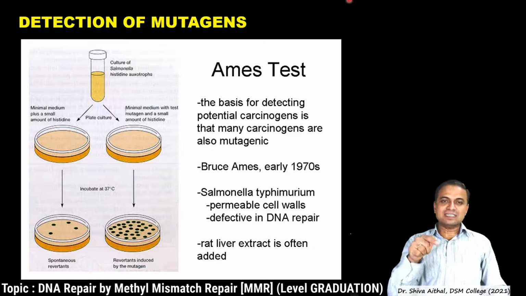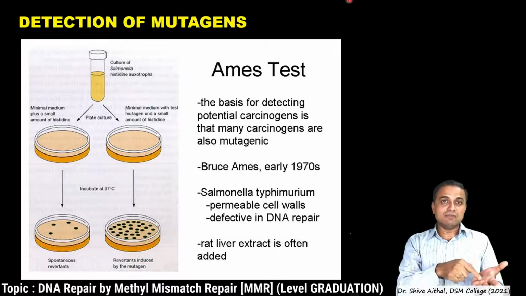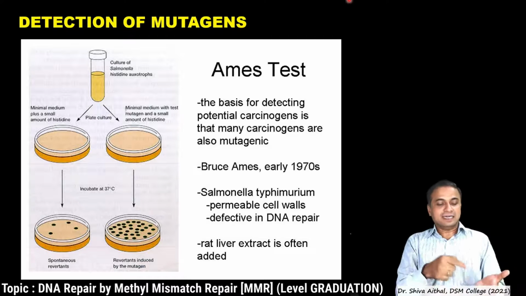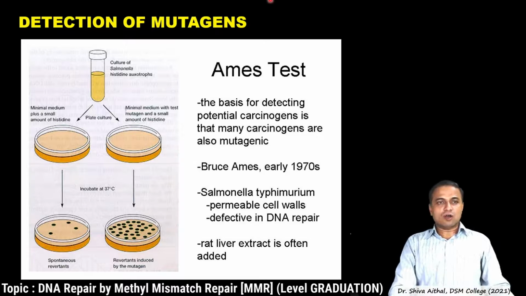So the Ames test is aimed at detecting the mutagenic agent in the carcinogenic compound. It is a simple test where auxotrophic mutants of Salmonella typhi are taken.